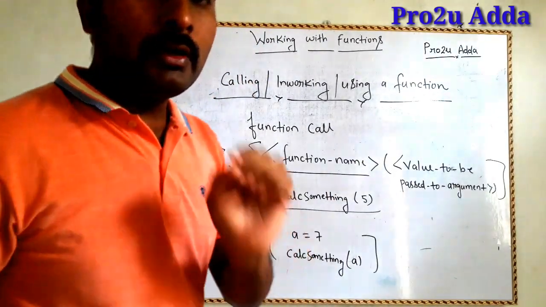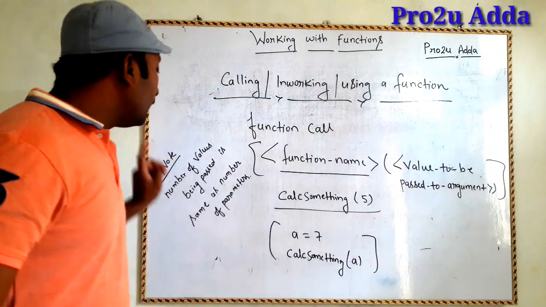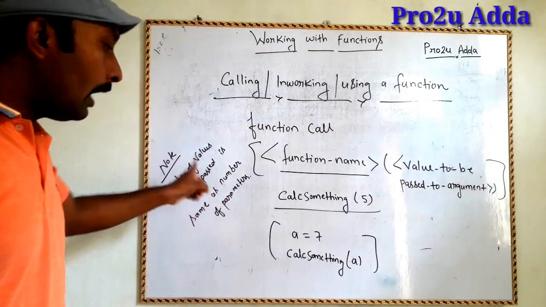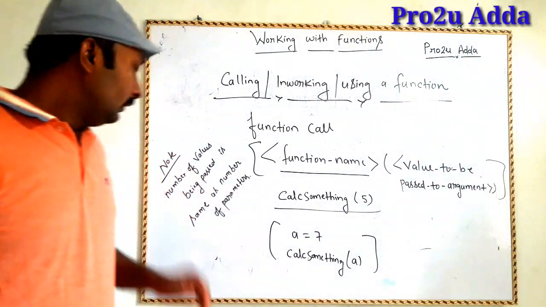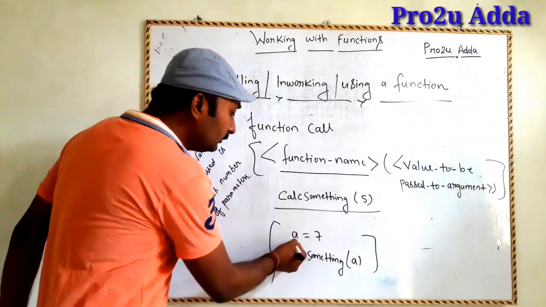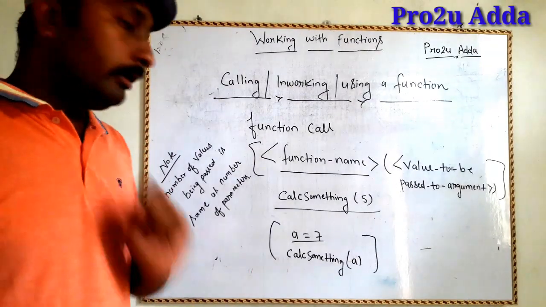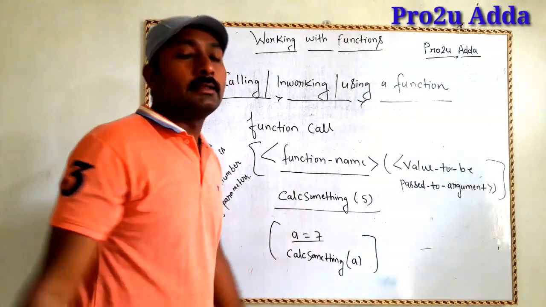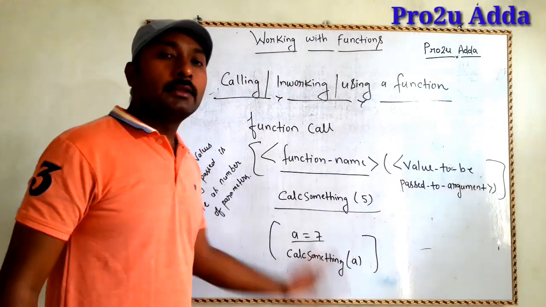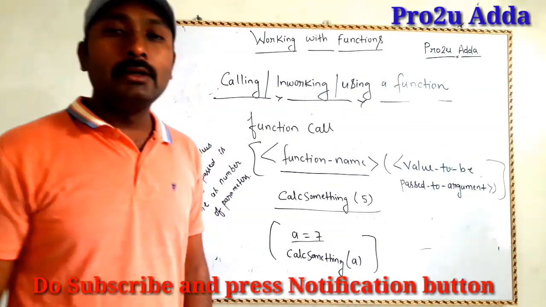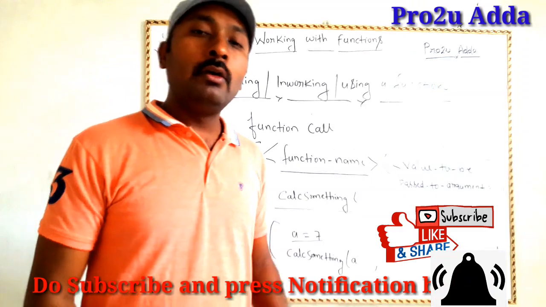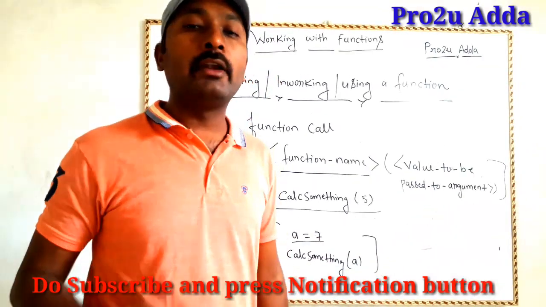Finally, you have to note one important thing: the number of values being passed is the same as the number of parameters used. Here you are passing one single value, so we will be accessing a single one. In further examples your concept will become clearer. To be continued, and go for all the classes, which will be very important for you.